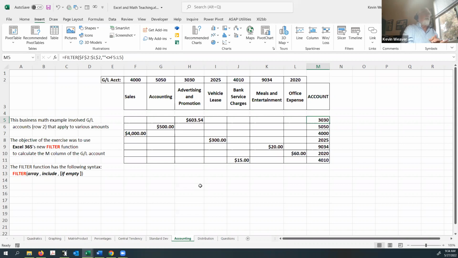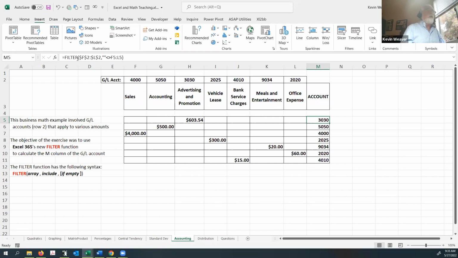So notice the filter's arguments. The filter's arguments are F2 to L2. Well, F2 to L2 are these account numbers in the general ledger. So what I want to do is filter F2 to L2, the general ledger account numbers.